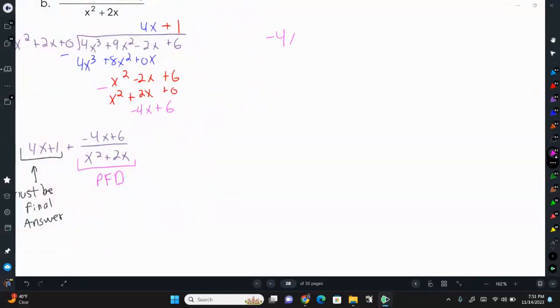So negative 4x plus 6, but if we factor the denominator, we get x times x plus 2. And then that means it's got to be some number a over x plus some number b over x plus 2.